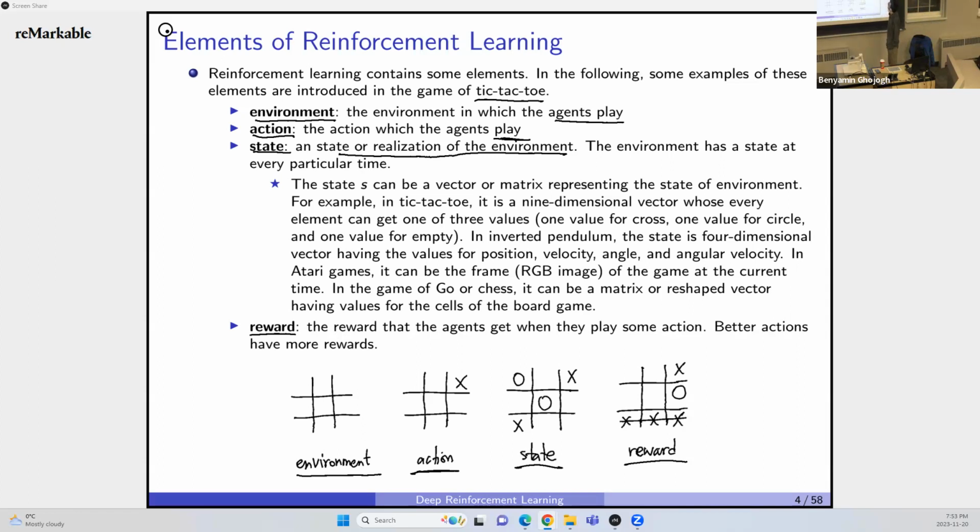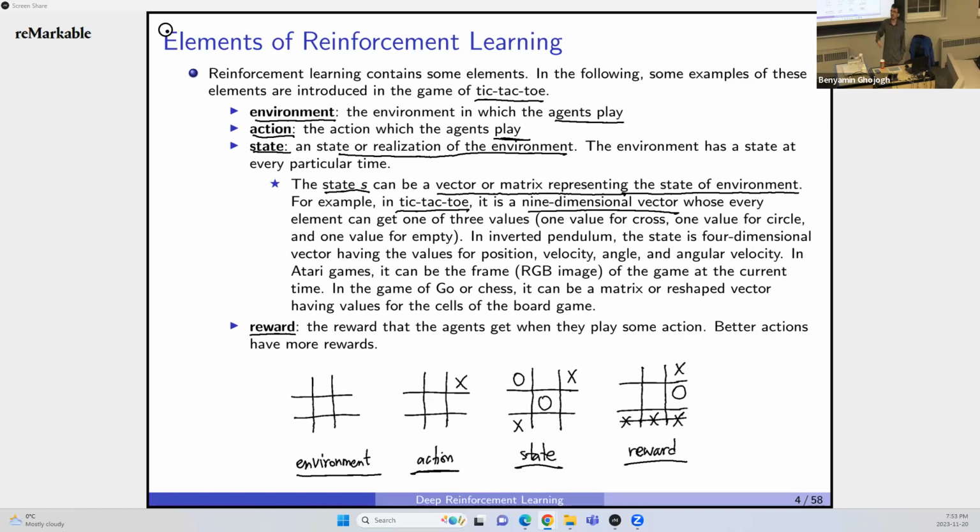And by the way, let's talk about the state a bit more. State S, okay? What is this? Let's see some examples. It can be any vector or matrix representing the state of the environment. Example: in tic-tac-toe, what is the state? It is a 9-dimensional vector. Why? Because we have 9 cells, right?